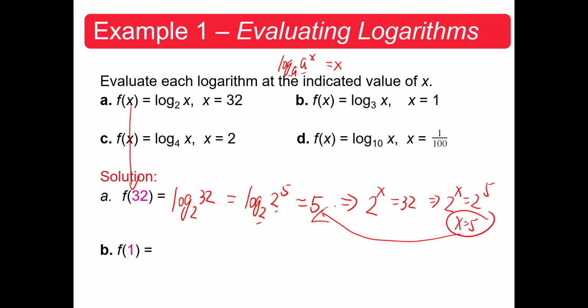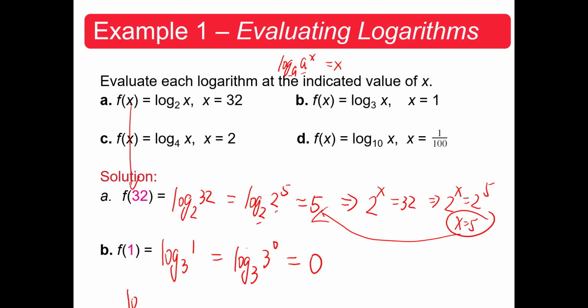And the second one, f of x equal log base 3 of x. Now x value equal to 1. So log base 3 of 1 equal 3 to the 0 power. So the answer here should be 0.